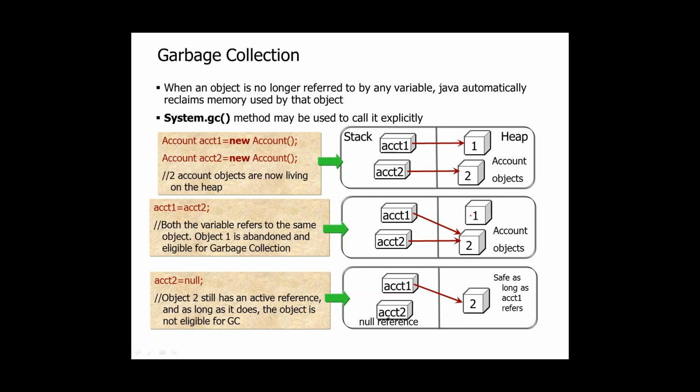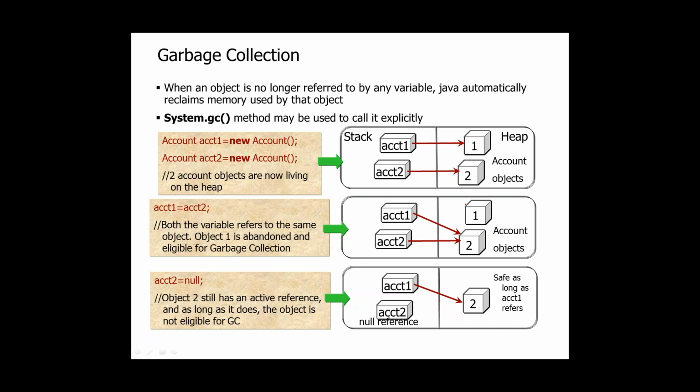It means this object is now unreferenced. So unreferenced objects are kind of lonely objects in the heap area. They don't have references to support them, and whenever these kinds of objects are available, it is a waste of memory in your heap area. And that's where this feature of Java, garbage collection, comes very handy.